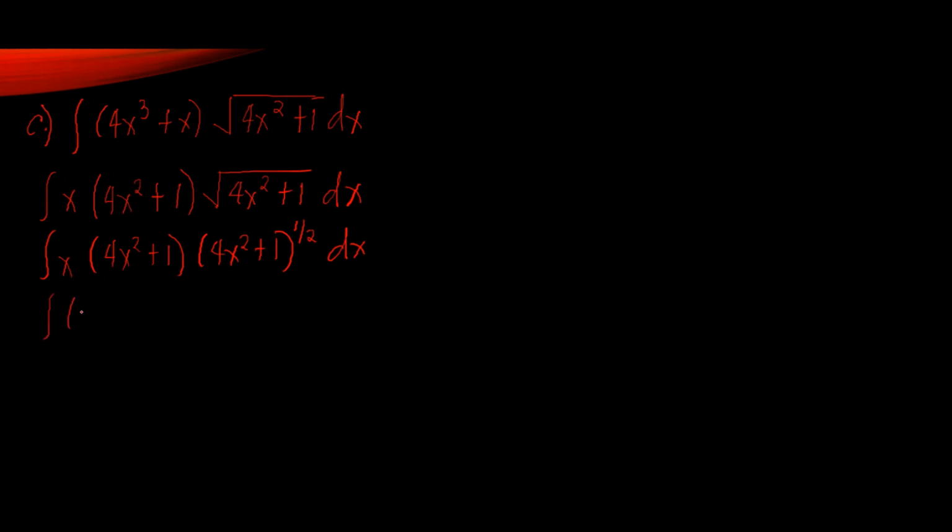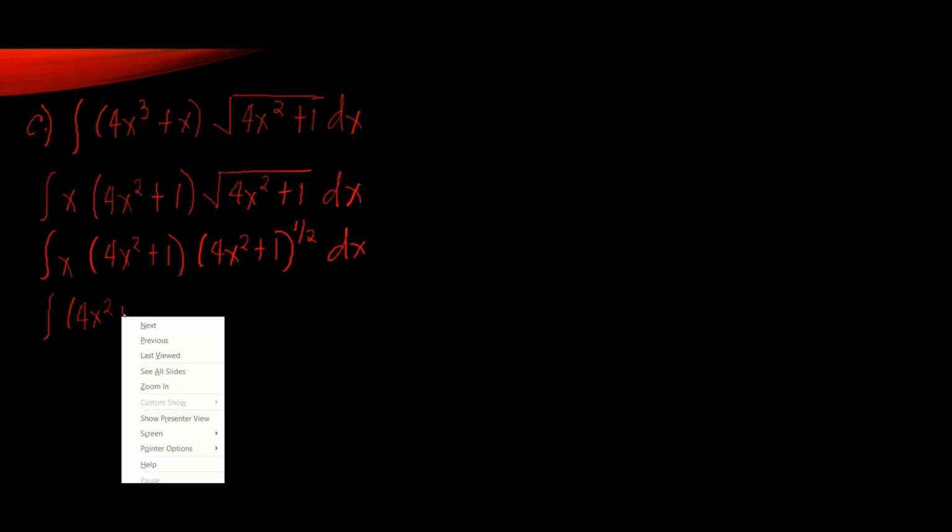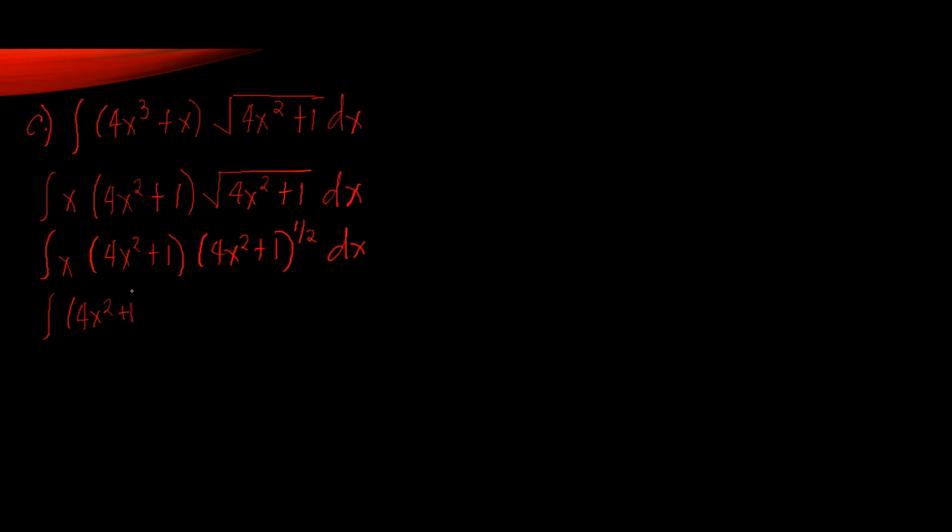So we will now have a new, simplified function, that is 4x squared plus 1 raised to 3 over 2, kasi 1 plus 1 half siya. And then x dx. So ito na ngayon yung pwede nating i-integrate na mas simple. Okay, so mag-let u ulit tayo.